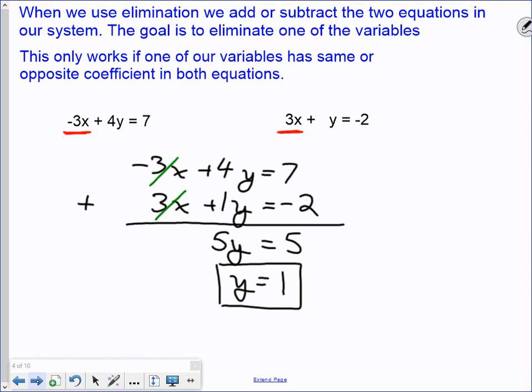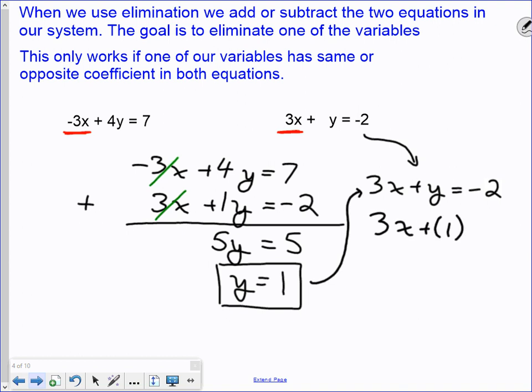We know that y is equal to 1. Now, just like we did with substitution, we can come back and take one of our original equations here, 3x plus y equals negative 2, and substitute this value into this equation. So if y is equal to 1, we get 3x plus 1 equals negative 2.